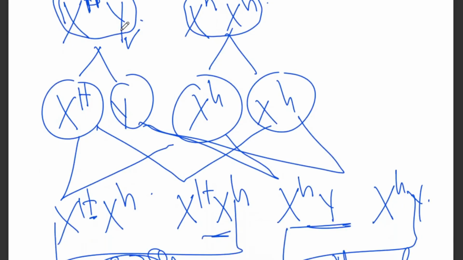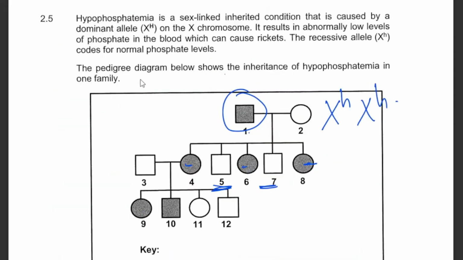All the X chromosomes which are dominant, causing the individual to be sick, are going to be transferred to the females. The mother will only transfer the recessive allele, which will be masked by this dominant allele, causing all the females to be sick with that condition. Which condition is that? Hypophosphatemia.